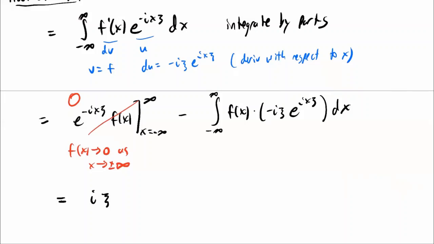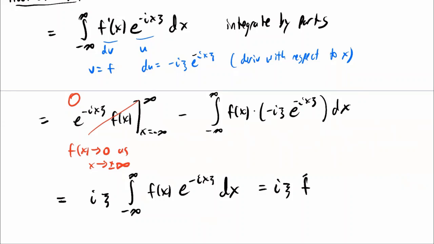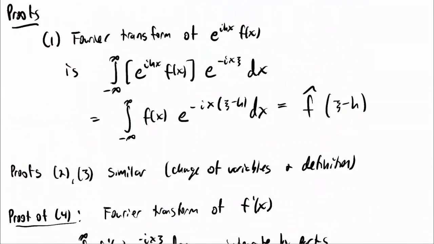So this is equal to ic times the integral from minus infinity to infinity of f of x, oh sorry, there should have been a minus here too, e to the minus ixc dx. But this integral here is just the Fourier transform of f. So this is equal to ic times f hat of c, and so that's the proof. That's the proof of point 4.